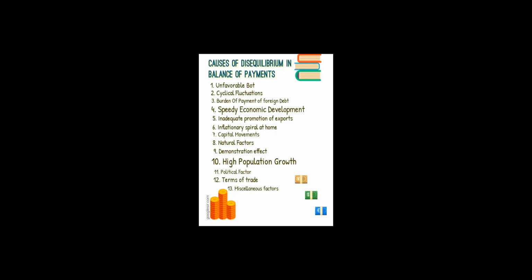Next are the political factors. Now these political factors are also a big cause of disequilibrium in the balance of payment. For example, the existence of political instability may result in disrupting the productive apparatus, which causes a decline in exports. Also, there may be an increase in imports, which may cause a disequilibrium situation.